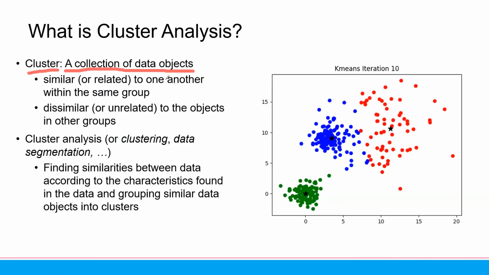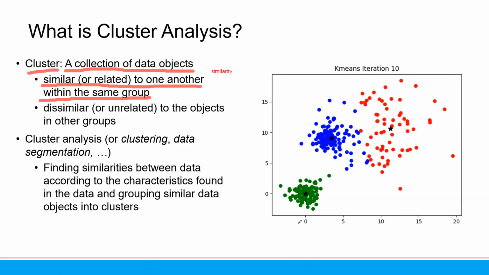We can think of the cluster in two different ways. The first is based on the similarity. You still remember similarity? If you are thinking from the similar perspective, then we are going to check the similarity or the related objects to one another within the same group.